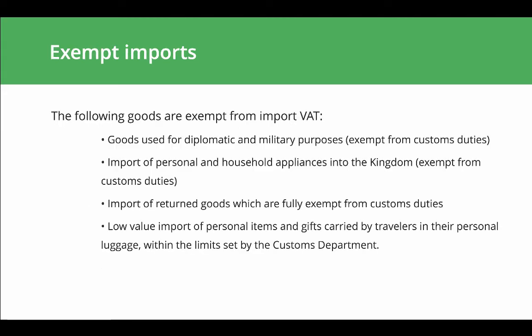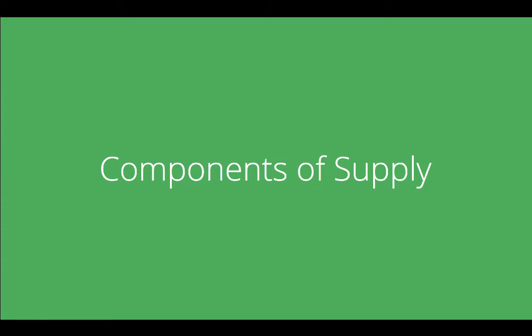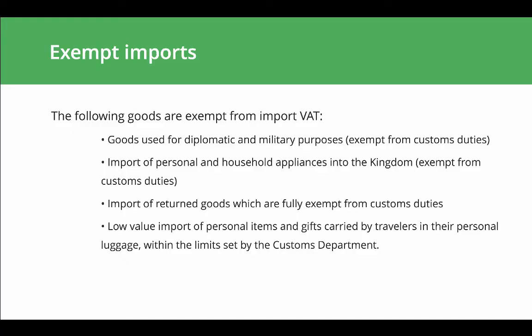Exempt imports. The following imports of goods which are not subject to custom duties are exempt from import VAT. Goods used for diplomatic and military purposes exempt from custom duties.